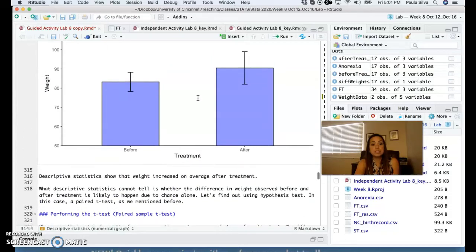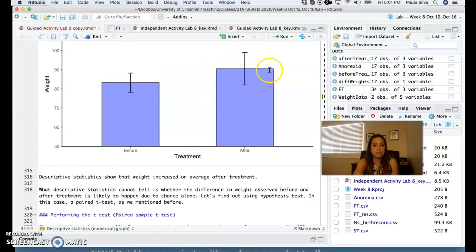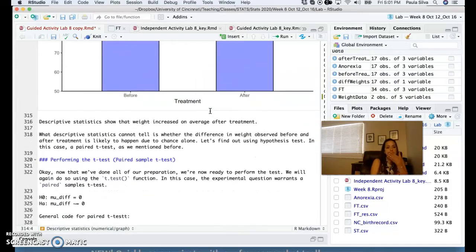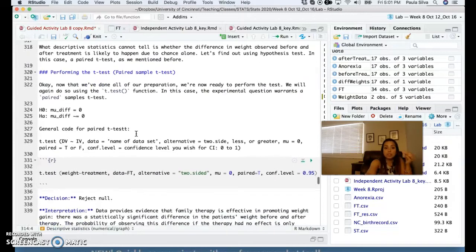So the descriptive statistics show what to us? That there is promise here, right? That there is an increase in weight with treatment. Now, what the descriptive statistics cannot tell us, and that's why we're not done, is whether the difference in weight observed before and after treatment is likely to happen due to chance alone.